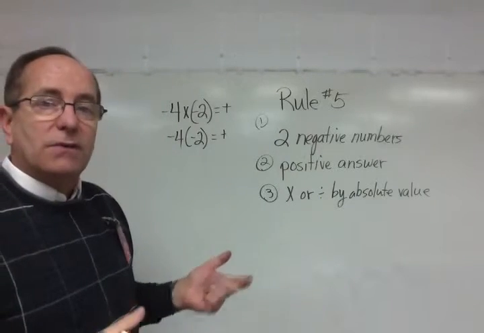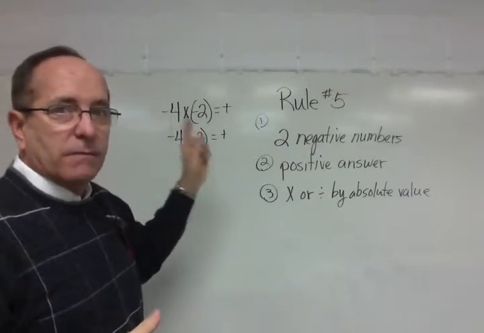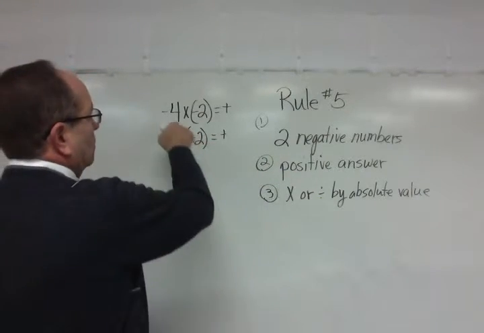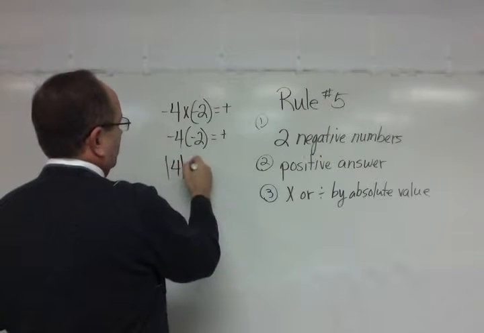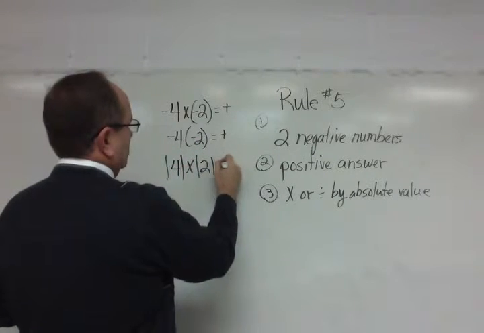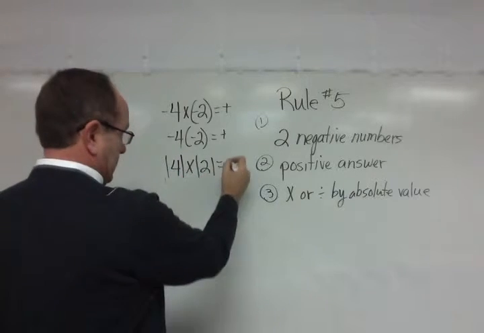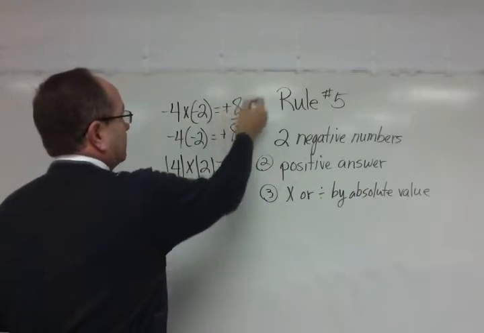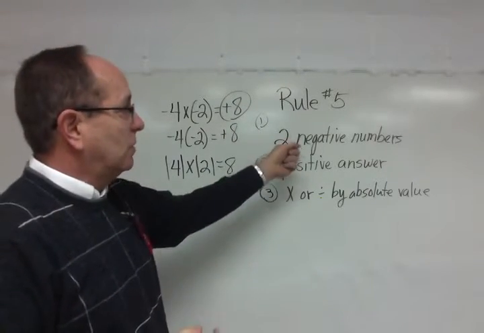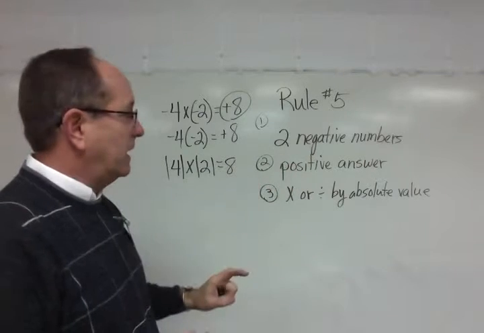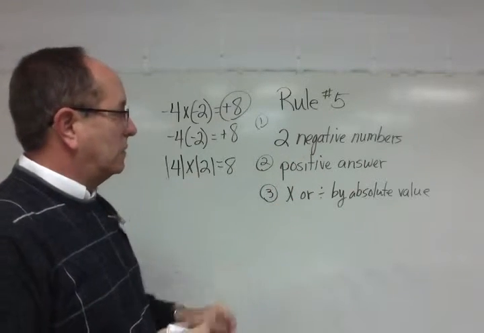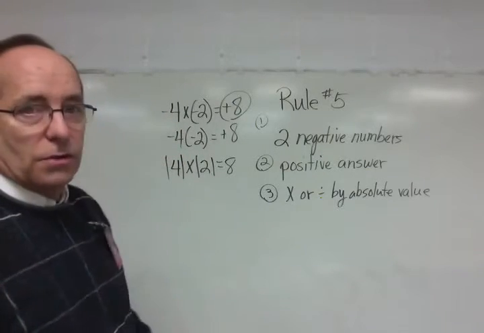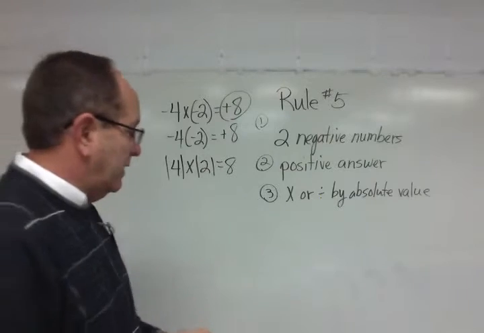It's not necessary, we know in math, but if that helps you remember, okay, I've got that taken care of from step 2, then go ahead and do that. So then I go to absolute values, and 4 times 2 is 8. I already have the sign. So I have solved that again by the rule. Two negatives turns it into a positive answer, and I just do absolute values again. Don't worry about signs. They're gone, and just do it normally. 4 times 2 is 8, and that gets me to that answer.